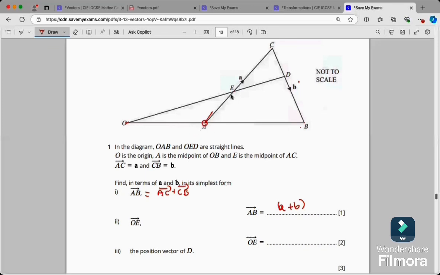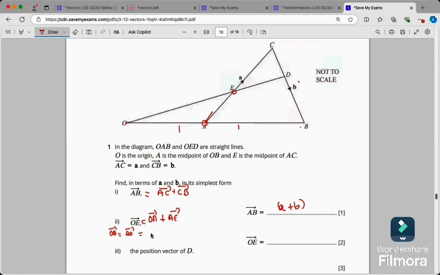So O to E will be O to A and A to E. Since E is the midpoint on AC and A is the midpoint on OB, OA must be equal to AB with the ratio 1 is to 1, right?